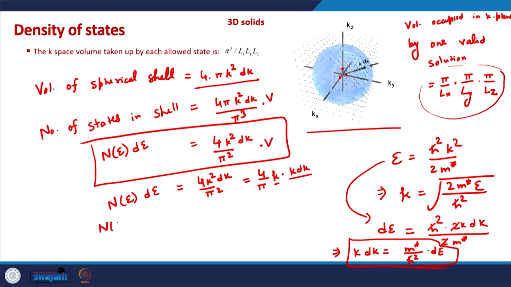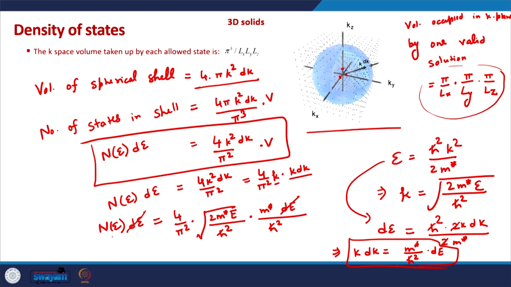So, the number of electronic states from energy E to E plus dE would be 4 by pi square, times k, which is square root of 2 m star E divided by h bar square, times k dk, which is m star dE divided by h bar square. Okay. So, dE and dE will cancel out.